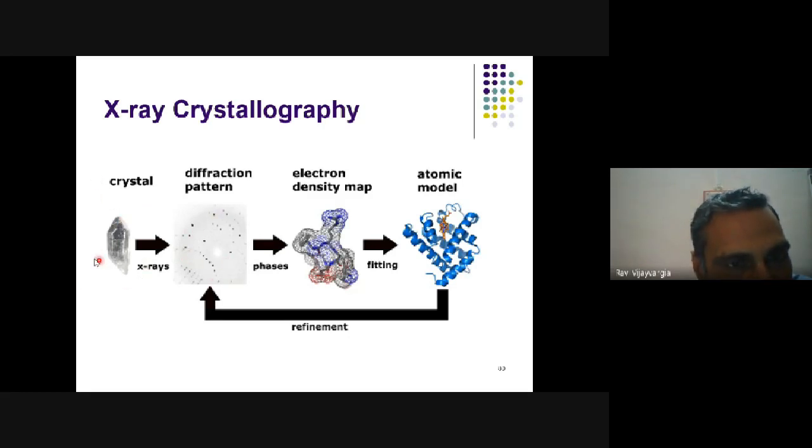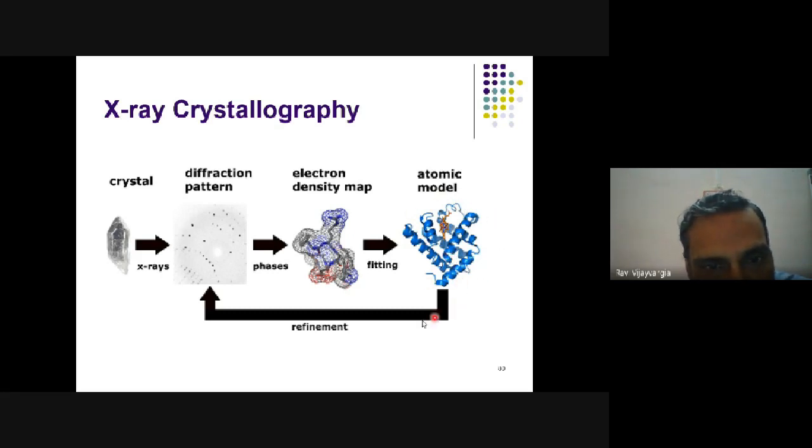The X-rays are passed through the crystal of the proteins, and based on the diffraction pattern, different software will give you the electron density map. By fitting using the software again, you can make an atomic model, and here again a lot of bioinformatics and software are required.